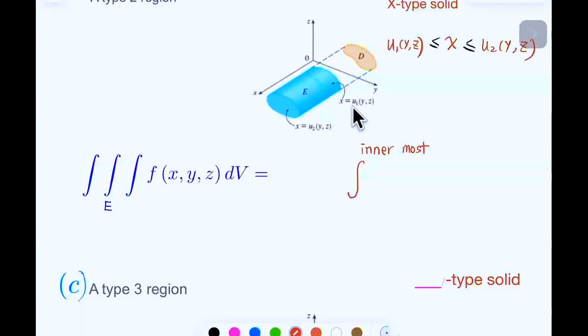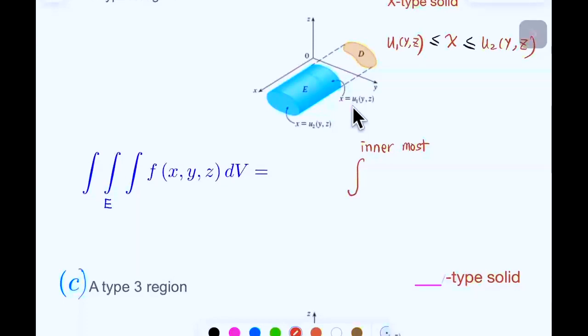It will be the integral of the function with respect to x first. X goes from what? u1, yeah. X goes from u1 to u2. That will be the innermost.